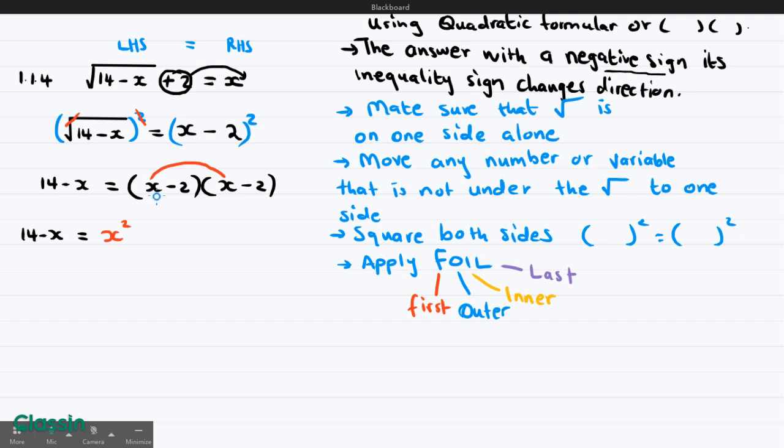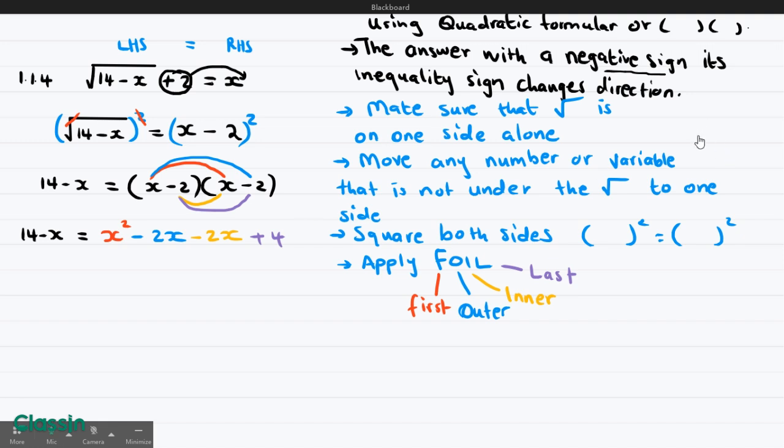I'm not inner, outer, x multiplied by negative 2. We have negative 2x. Then we have inner, negative 2 multiplied by x. We have negative 2x. Now, lastly, we have last, negative 2 multiplied by negative 2, which is positive 4.